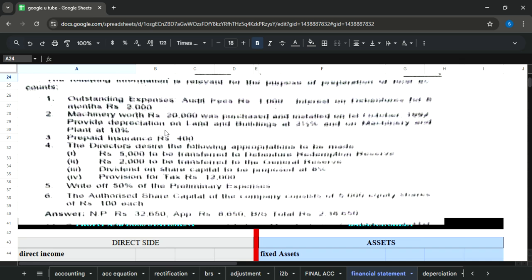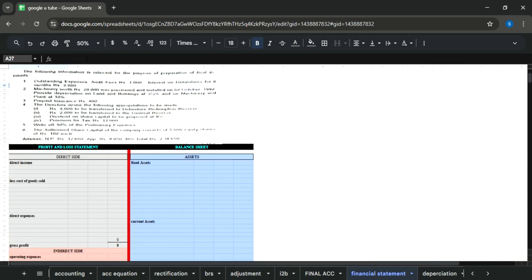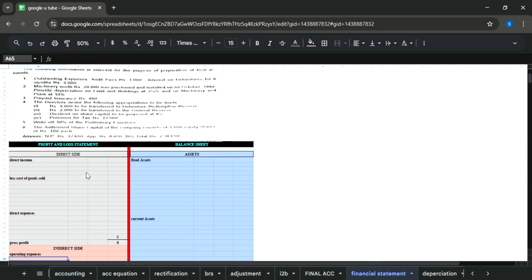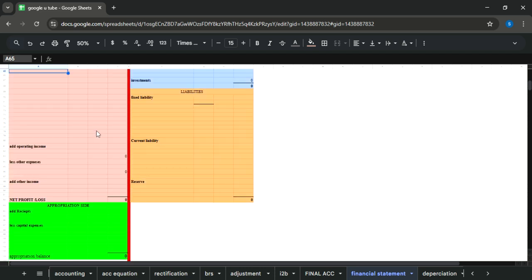Obviously, if both are present at the same time, we will be solving adjustments as our first step. And now let's look at our proforma, and you are well familiar with the procedure, but let's see the whole proforma in a blink. We have three parts on our left side.